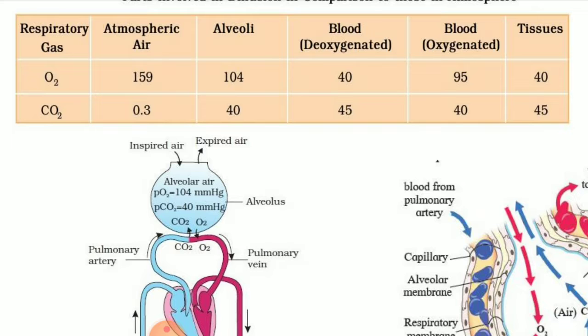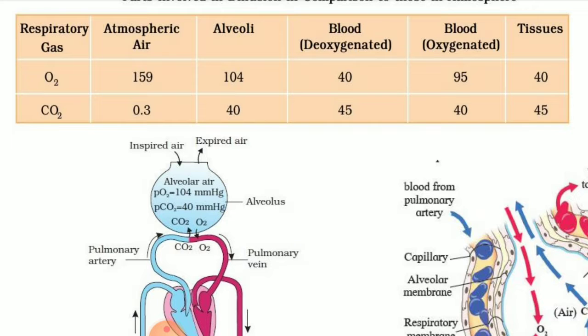So oxygen is going to move from the alveolar air to the blood present within the pulmonary artery. So you can see there is exchange of gases. Oxygen is going to diffuse from the alveolar air to the blood capillaries. Now the blood becomes oxygenated, you can see in the pulmonary vein.